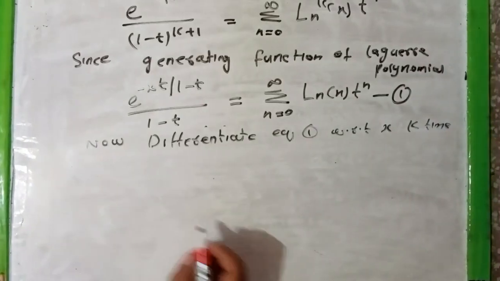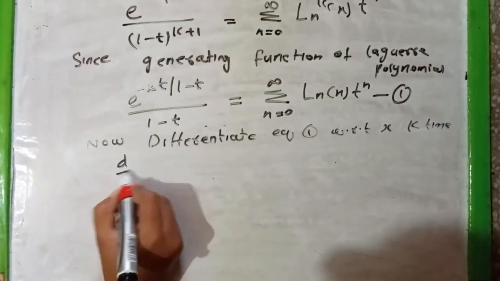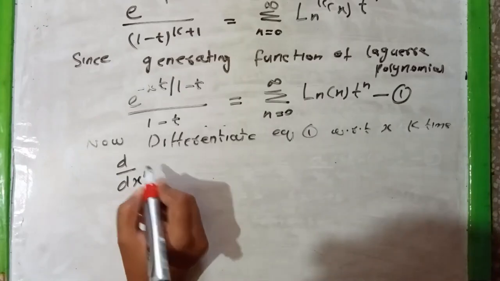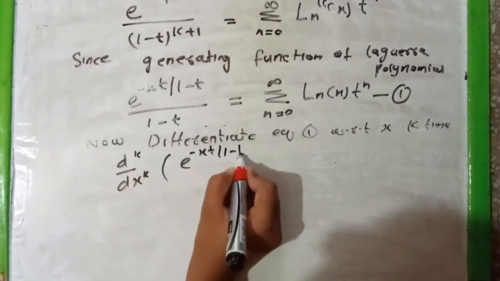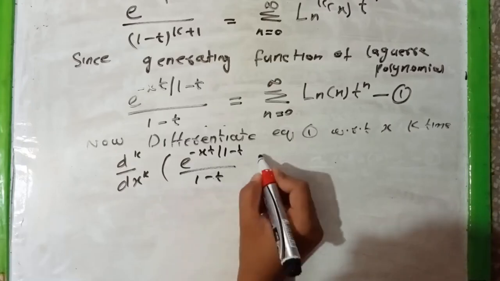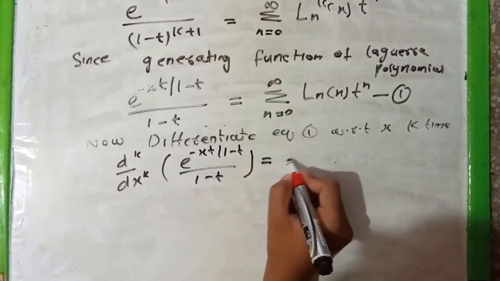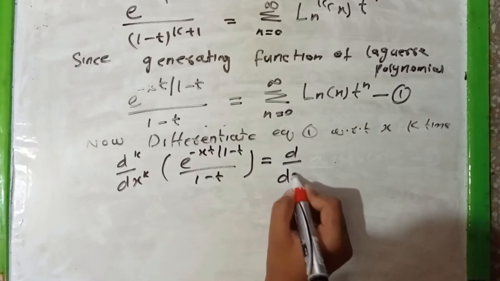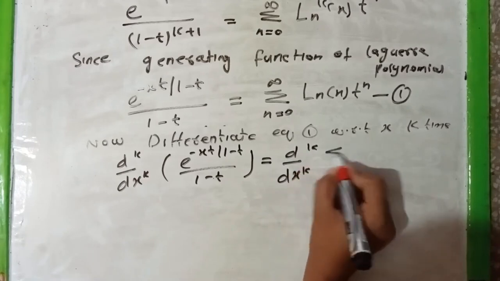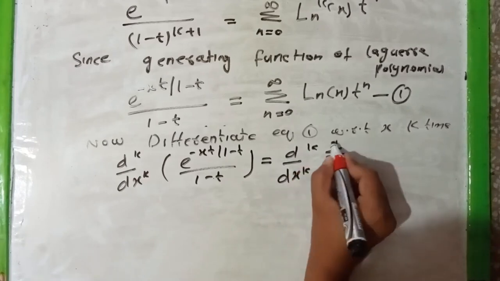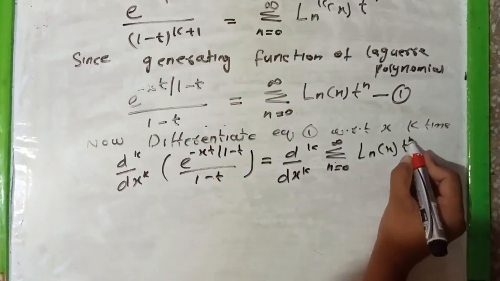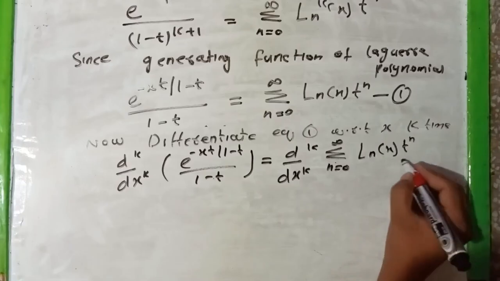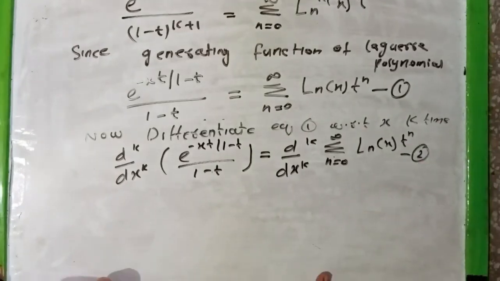So this becomes the kth derivative of e^(-xt/(1-t)) / (1-t) with respect to x is equal to the kth derivative of summation n = 0 to infinity L_n(x) t^n with respect to x. This is equation number 2.